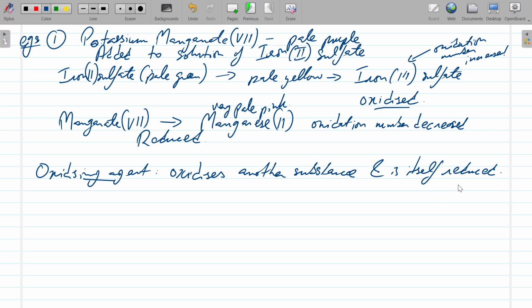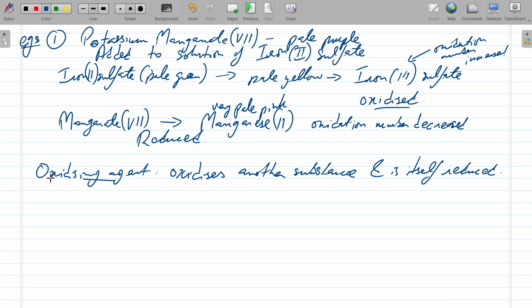So whatever the case of the oxidation may be, it gives oxygen to the other and loses oxygen, so it's reduced itself. It takes the electrons from the other, so it's reduced itself and oxidizes the other, or it causes the oxidation number of the other to increase, and its own oxidation number is decreased.